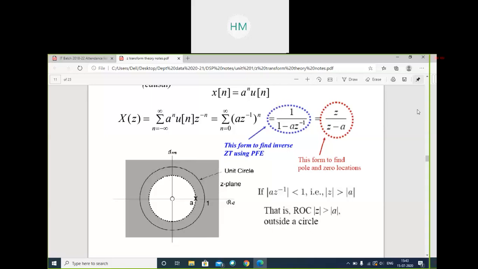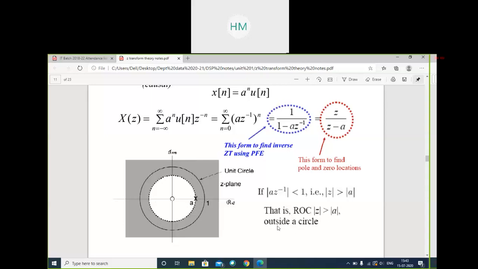So here we are getting z greater than a. We are assuming that the a value is less than 1, so the a circle will be inside the unit circle. So my region of convergence will be outside this circle. So the ROC will be this.